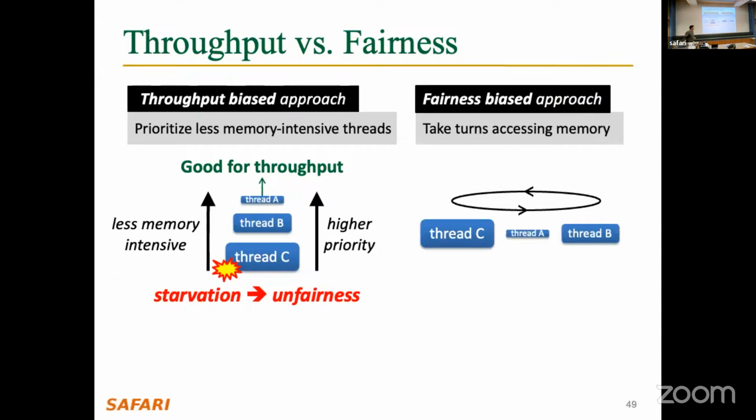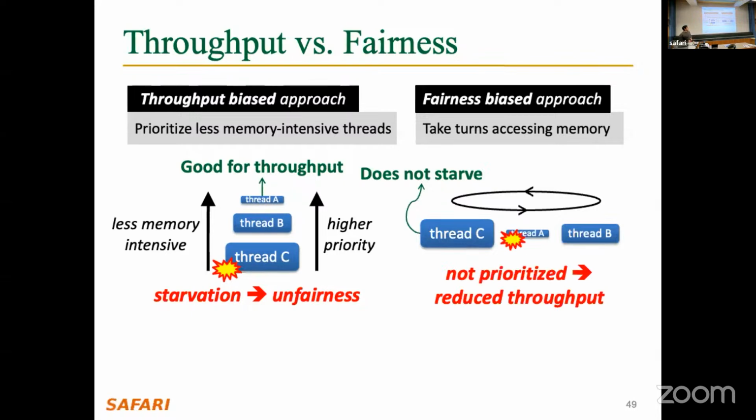You can provide fairness by giving turns to each of these threads. Assume that you do round robin scheduling, you give 10 units of time for each of these threads to schedule their requests to main memory. Now, this is good for fairness because you're not starving any of the applications, you're serving requests equally.